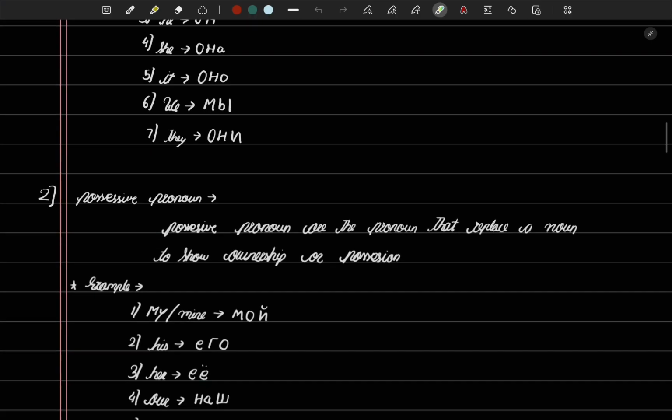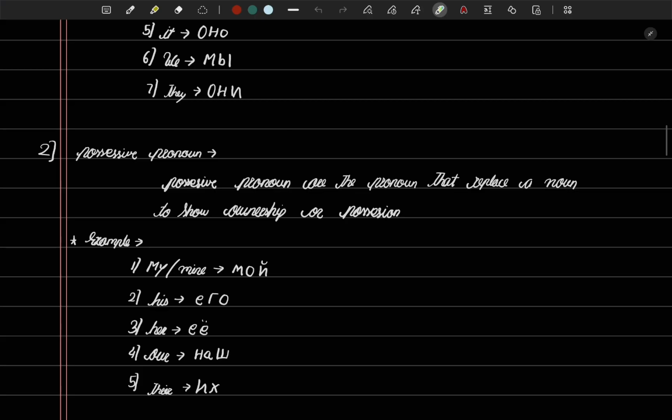Now the second one is possessive pronoun. The possessive pronouns are the pronouns that replace a noun to show ownership or possession. A possessive pronoun is a word that shows something belongs to someone. So the examples are my/mine, which is moi.